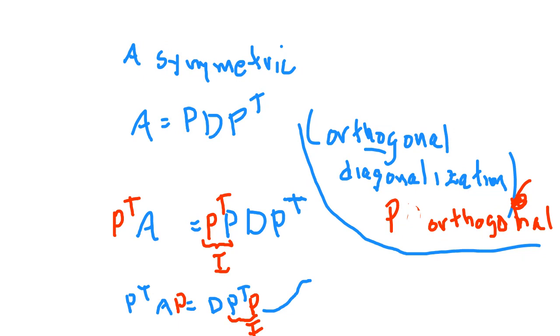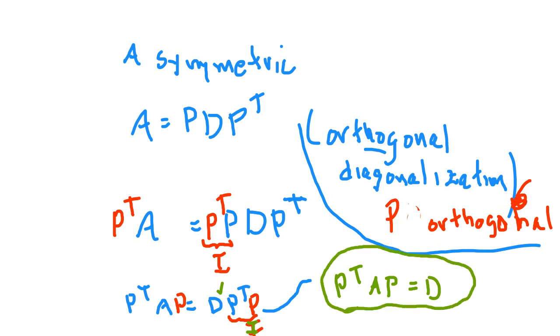Therefore, P transpose times A times P is this diagonal matrix, because the identity times matrix D is D. So the matrix D is P transpose A P, and that's a diagonal matrix. Whenever you see P transpose A P, and A is a symmetric matrix, that product will be a diagonal matrix.